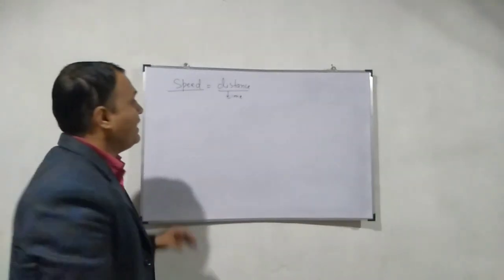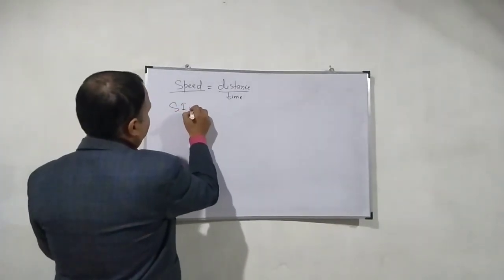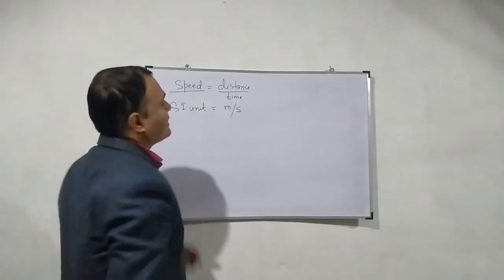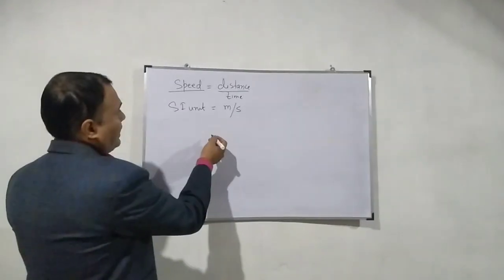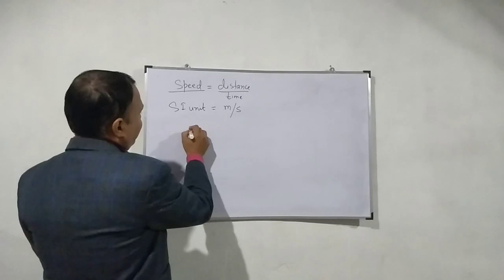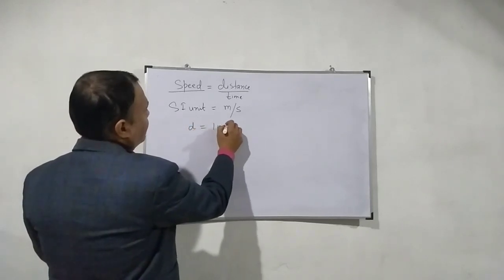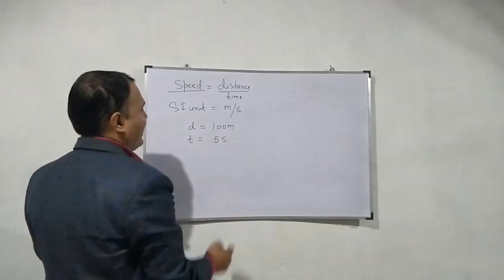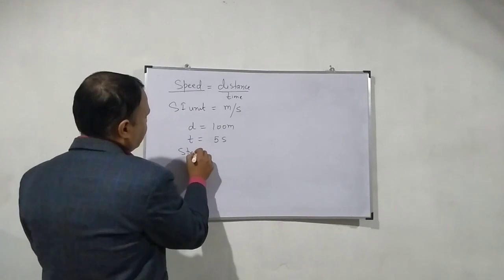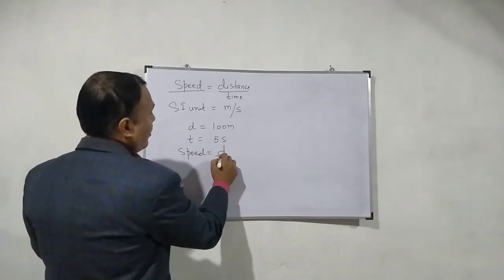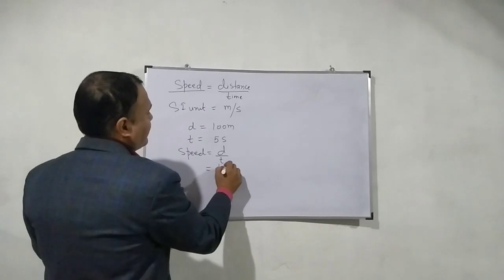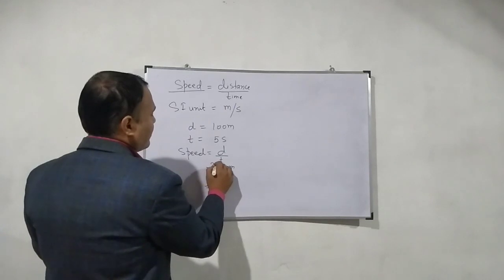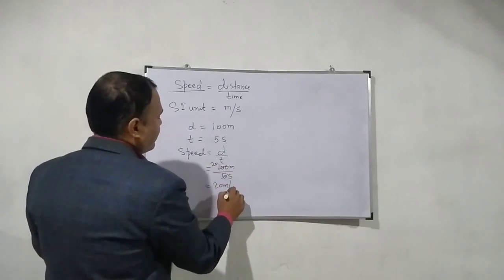And the SI unit of speed is meter per second. Suppose any object covers a distance of 100 meters and the time taken is 5 seconds, so speed is distance upon time, that is 100 meters upon 5 seconds, so 20 meters per second.